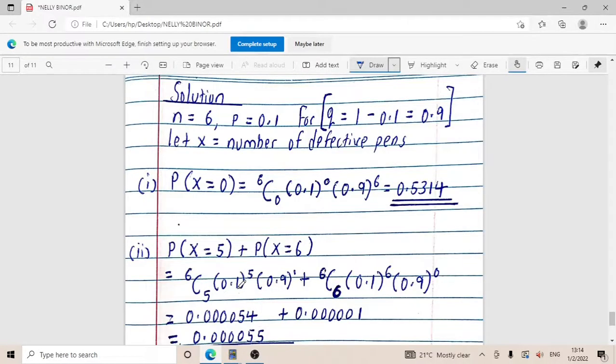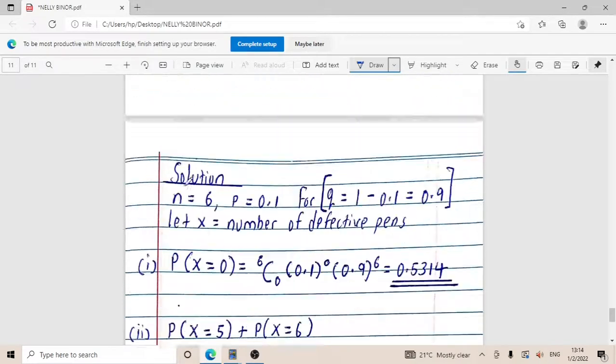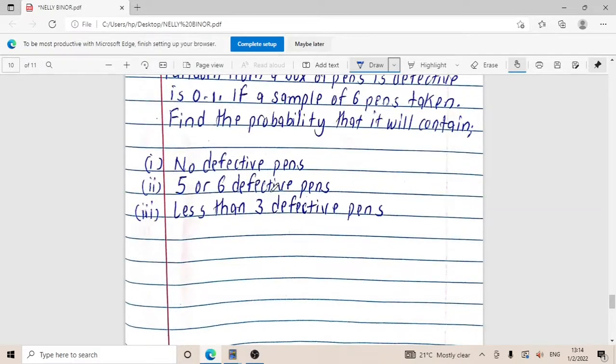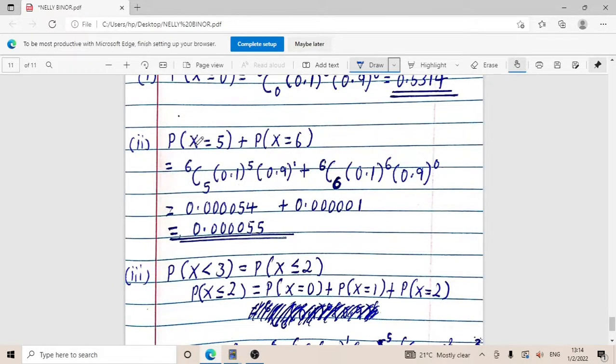So after getting your answer, you come here to the probability of 5 or 6 defective pens. Now with this you apply the same formula, x is equal to 5 here, x is equal to 6. So you apply this formula, and you get this plus this. So you know where I've gotten all this, from the formula.